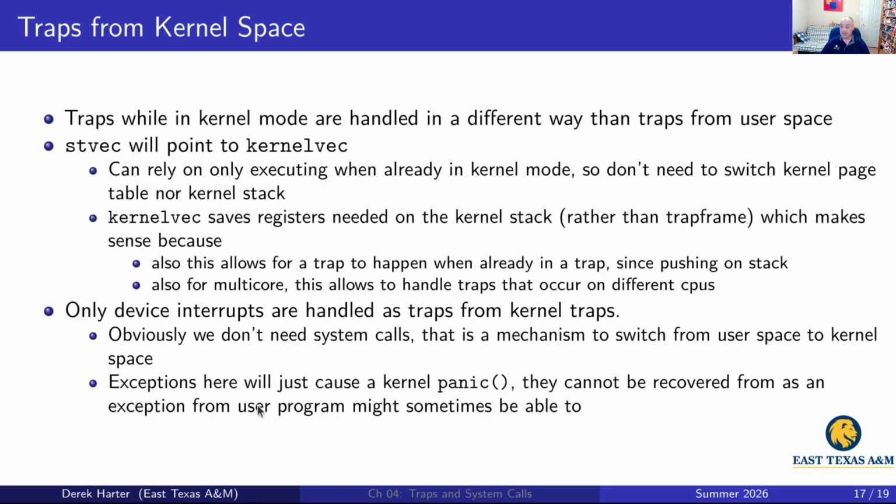In more complex operating systems, we might handle exceptions that indicate we're accessing memory while in kernel space, and we want to increase the kernel page table, dynamically allocating memory. But we don't typically do that in XV6, which is a simpler operating system.